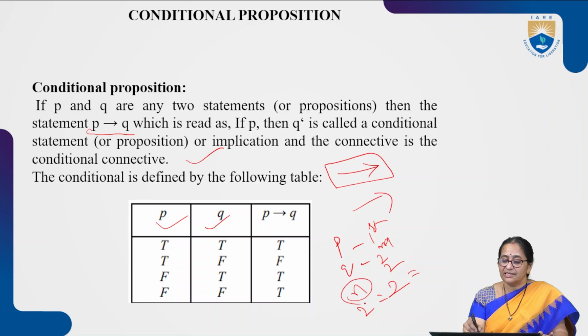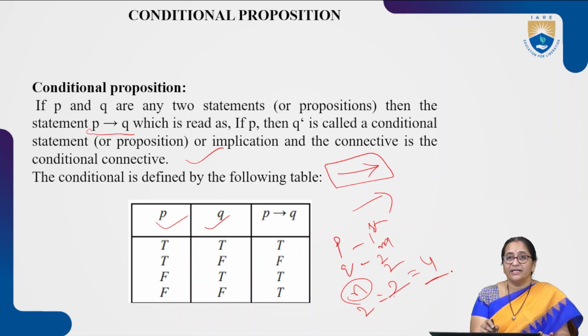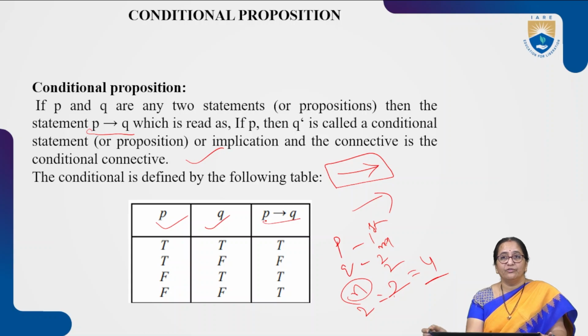n is the number of propositions, so 2 squared is 4. Yes, 4 possible combinations. The 4 possible combinations for P and Q are TT, TF, FT and FF. Based on those values, now we need to find the conditional proposition.